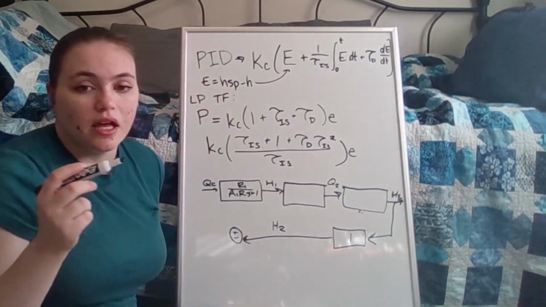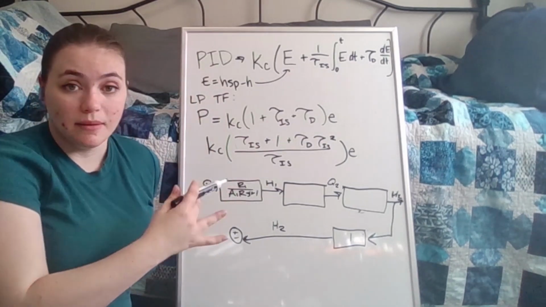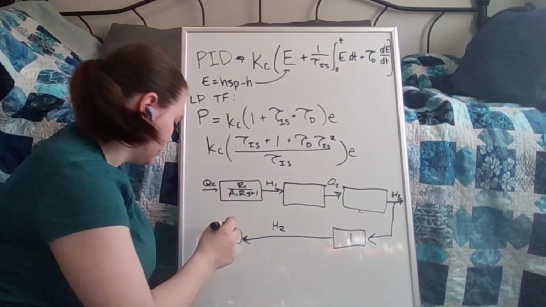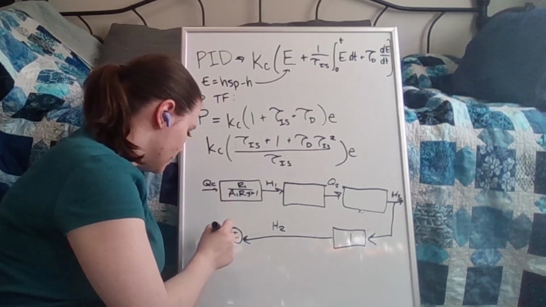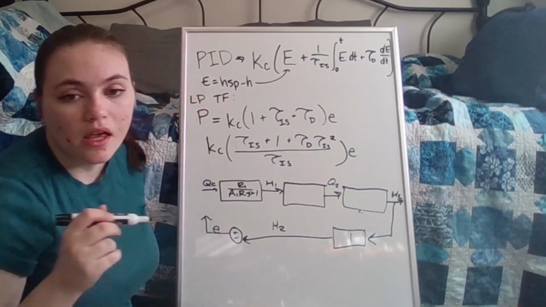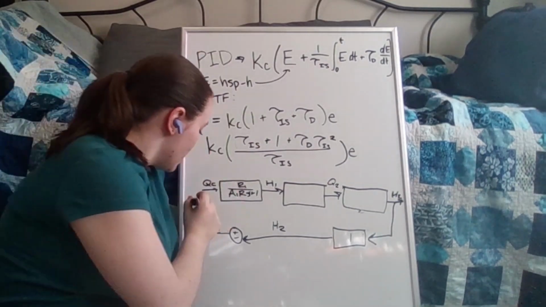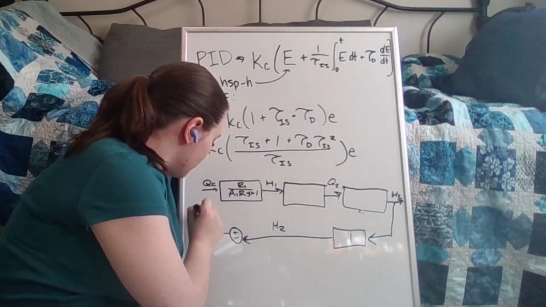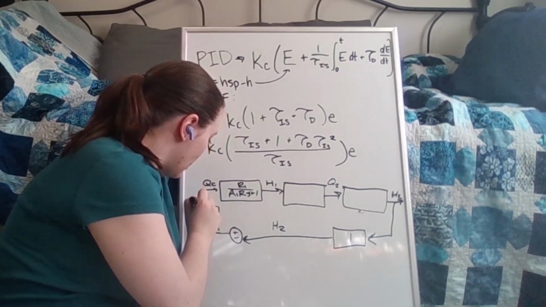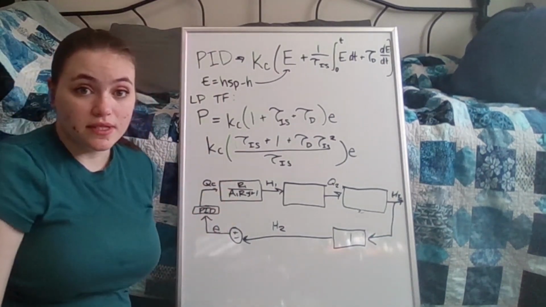All right. And then it's going to be E when it comes out. And then when it comes out, it's going to go into the PID, and then it's basically going to come back into the system as Qc.